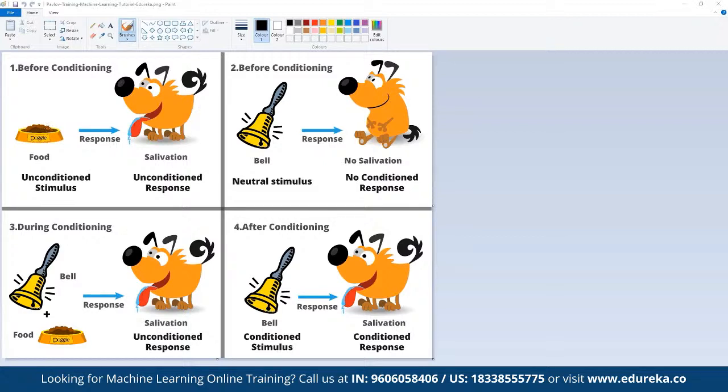We start salivating when we see food of our own choice, correct? That's a natural stimulus and a natural response. So this dog is bound to salivate as soon as it sees its food. That's the normal behavior. And now let's say we want to train the dog.